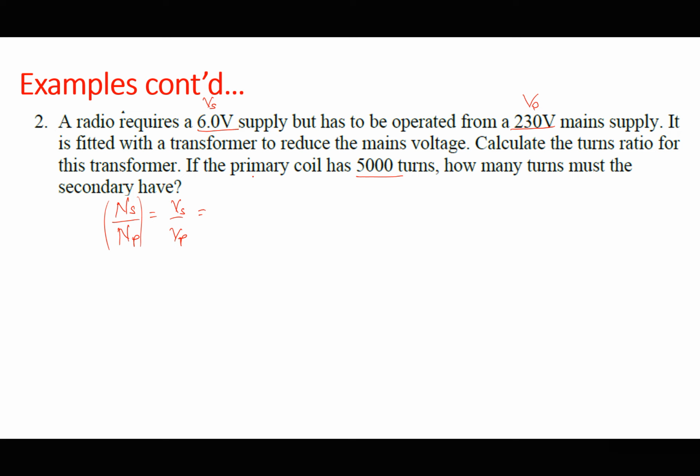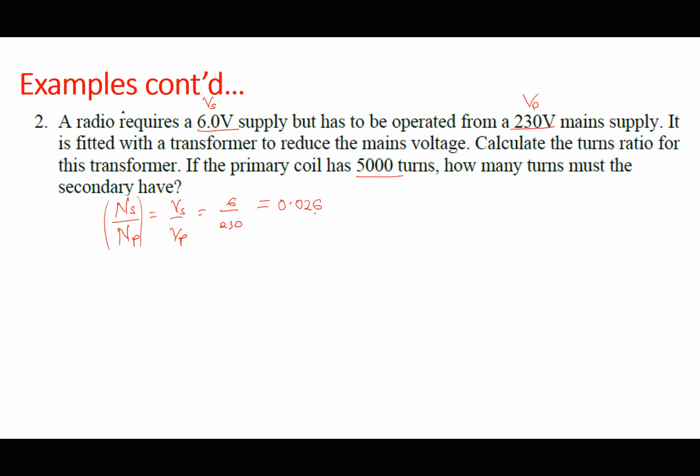If I start with the secondary, the turns ratio is going to be 6 divided by 230, which is 0.026.